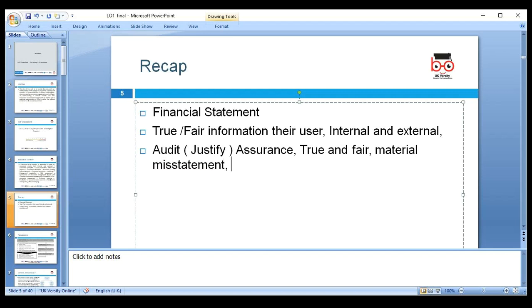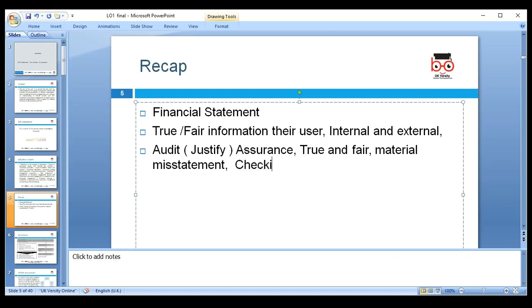So the information is material. Yes. Is there any material misstatement? And this is a detail. The word audit is derived from the Latin word audire, which means checking the accuracy in the books of account. Yes. Accuracy.